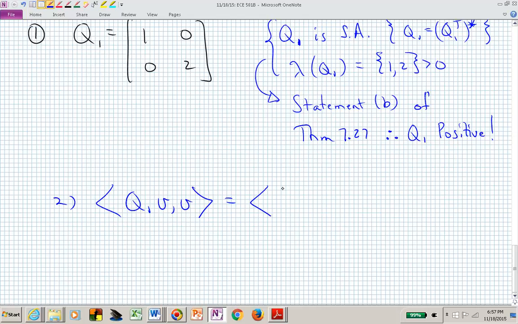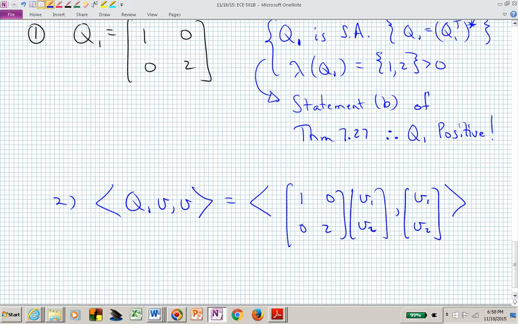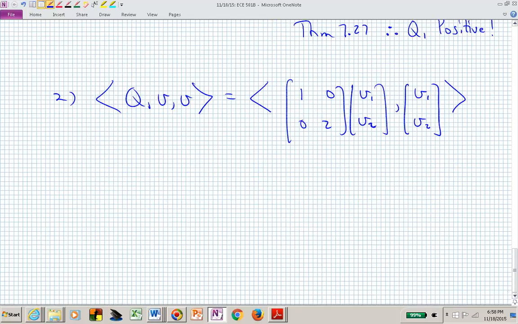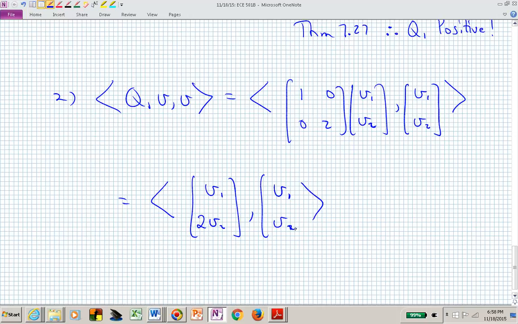If we now look at Q1 times a vector v, this is [1, 0; 0, 2] times [v1, v2], inner product with [v1, v2]. If we use Q1 to scale the vector, it becomes [v1, 2v2], which is then inner product with the vector v.